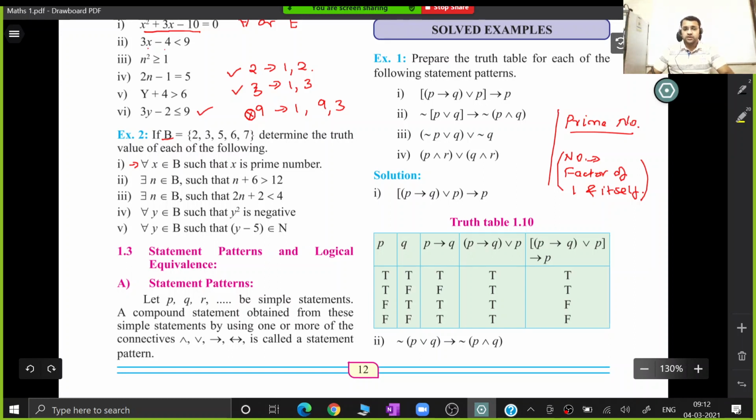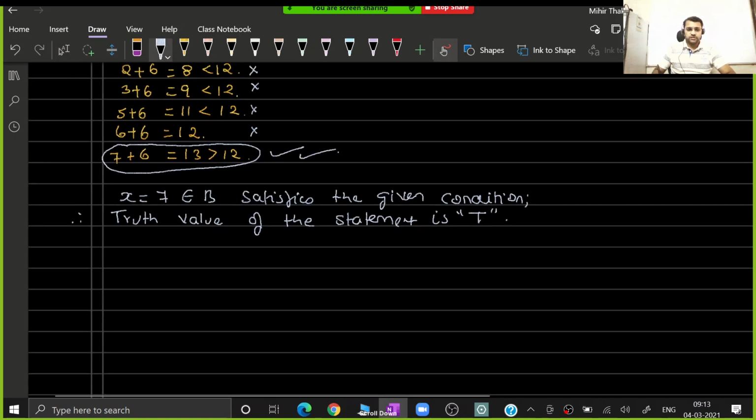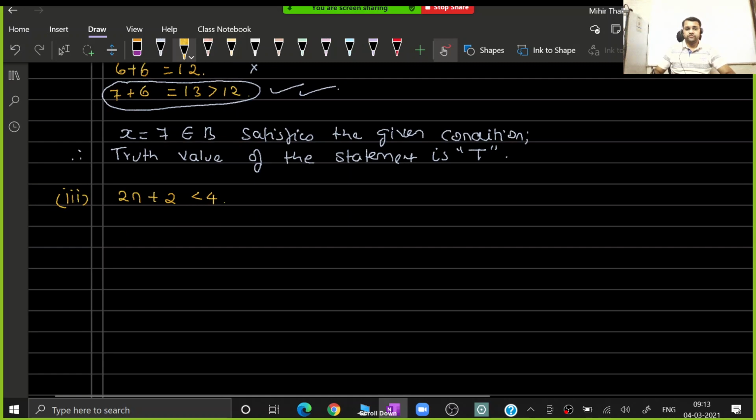There exists n belonging to B such that 2n plus 2 is going to be lesser than 4. Again, he has used the symbol there exists and the condition is that 2n plus 2 should be lesser than 4.